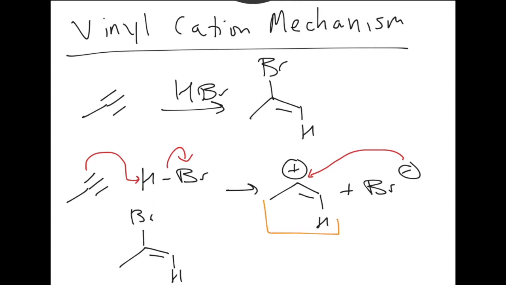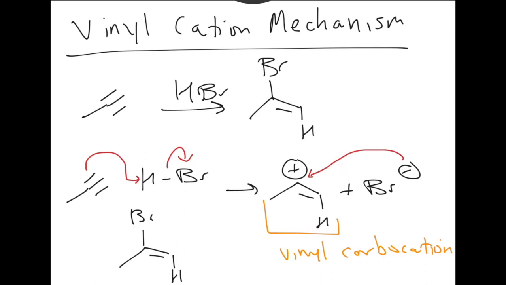This particular carbocation is a vinyl carbocation. These aren't particularly stable because carbons that are making double bonds are already a little electron deficient to begin with. So putting a carbocation on a carbon that's part of a double bond makes the carbon really electron poor.